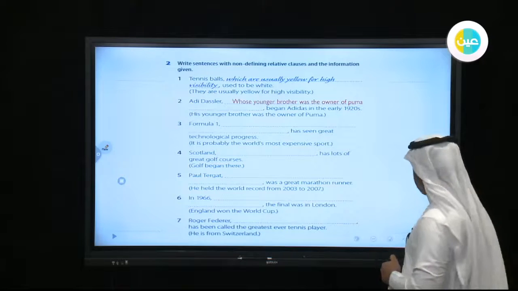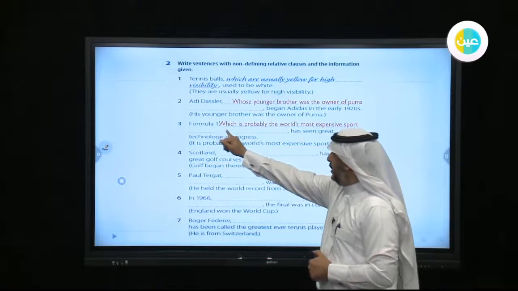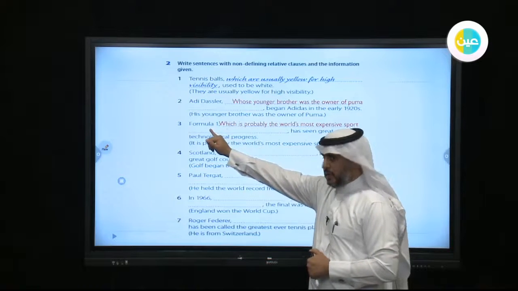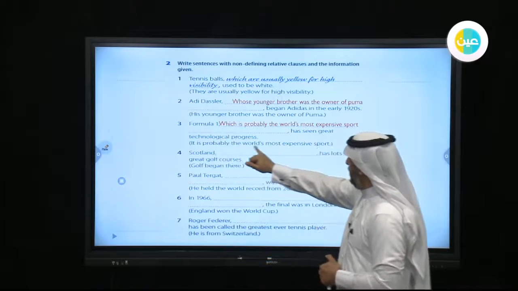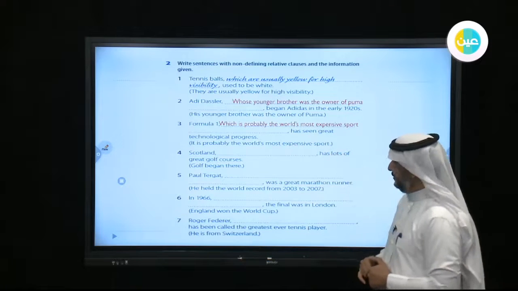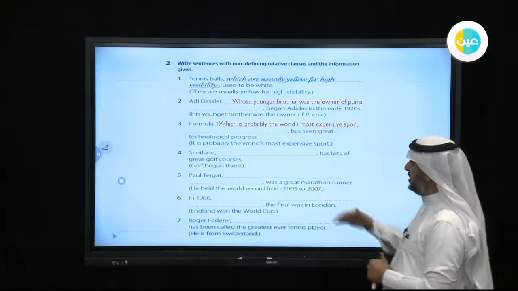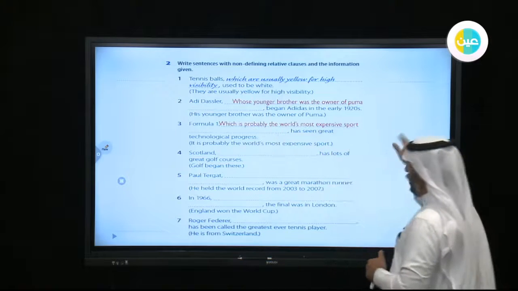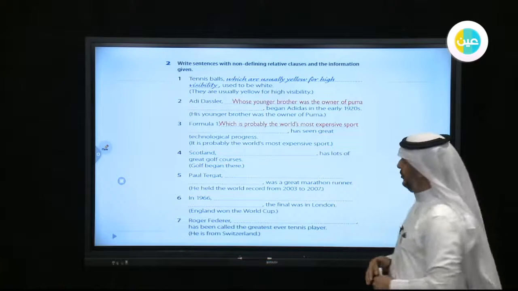Look at the sentence again. Formula 1, which is probably the world's most expensive sport, has seen great technological progress. Okay, this is non-defining relative clause. It means that I can cross out the red writing without changing the meaning, of course.